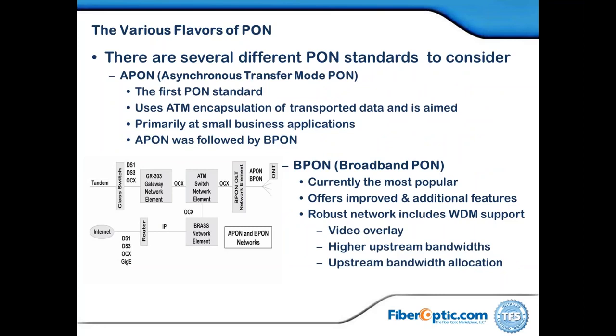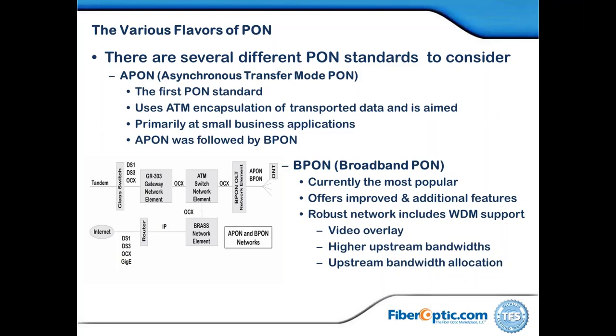Now, there are PON standards, so who writes the rules? Well, standards committees. And you're going to hear this terminology thrown around. So if you want to think of APON, which is asynchronous transfer mode PON, it uses the old ATM networking for transporting data. And it was followed by BPONs, or broadband PONs.